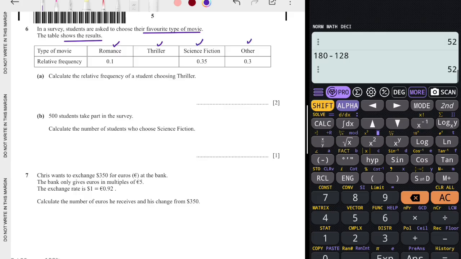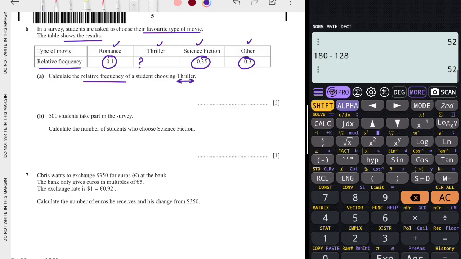So relative frequencies are given. The relative frequency of romance is 0.1. Thriller we don't have. Science fiction 0.35 and others 0.3. Calculate the relative frequency of a student choosing thriller.